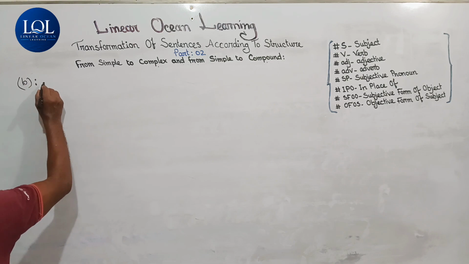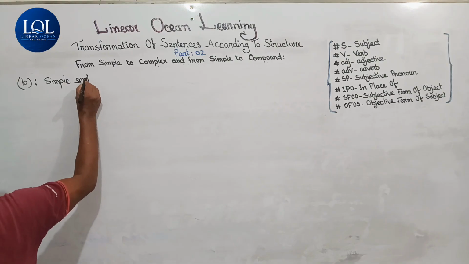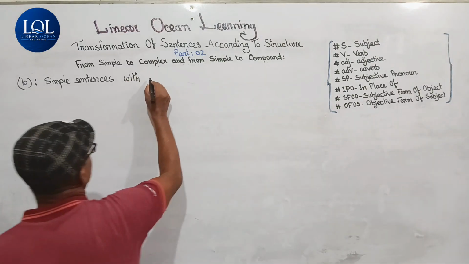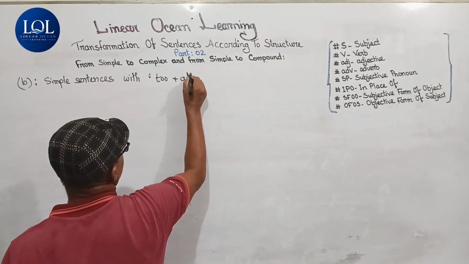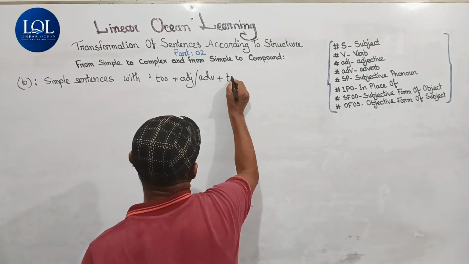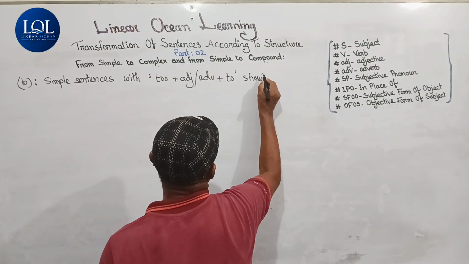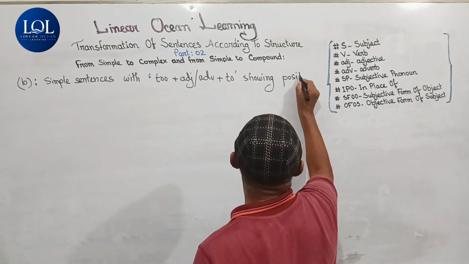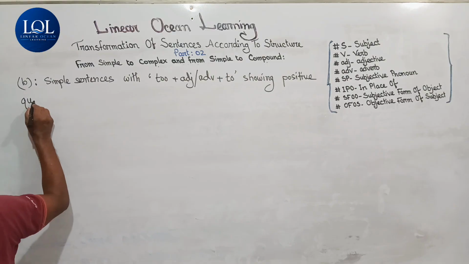Rule 4B. Simple sentences with "to" plus adjective or adverb plus "to" showing positive quality or positive aspect.